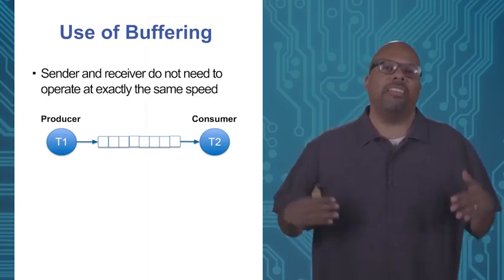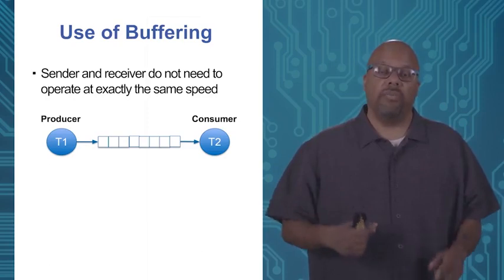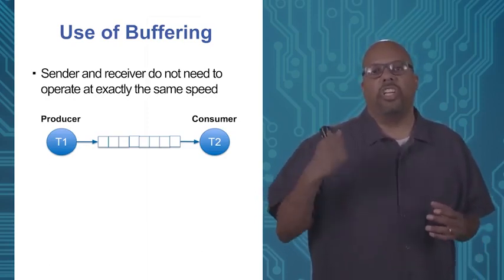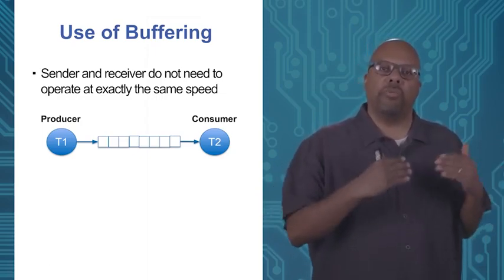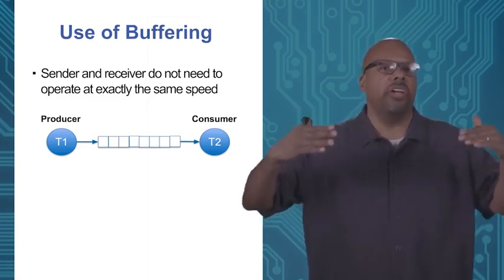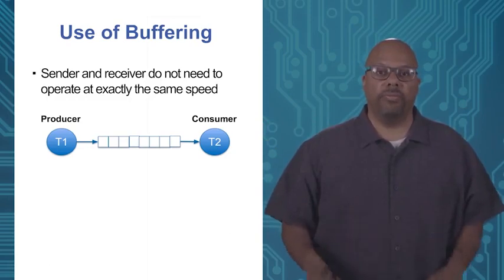So the producer has to get slowed down to match the speed of the consumer, and vice versa. If the consumer is faster than the producer, then its receive has to block to slow down to the rate of the producer. So their rate is forced to be slowed down when you don't have any buffer.